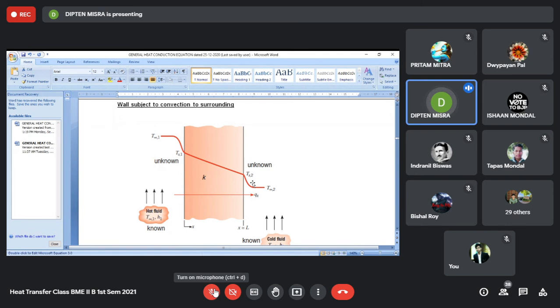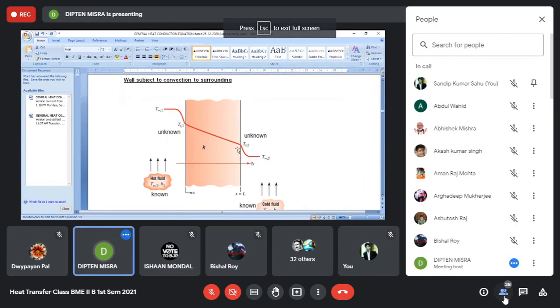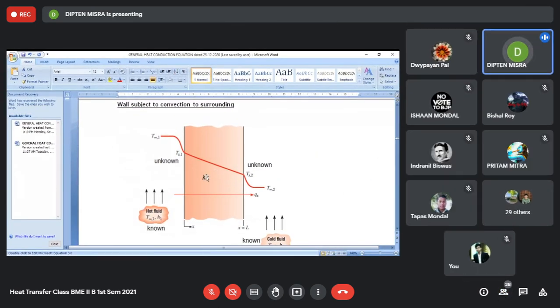Similarly, the heat loss here, and they will be the same, will be equal to H2 into area into Ts2 minus T infinity 2. And that will be equal to Ts1 minus Ts2 divided by L by KA, where L is the thickness of the wall. So that is what we have written over here.